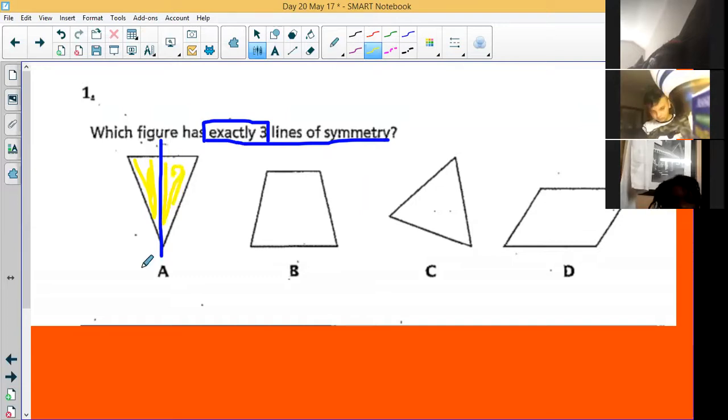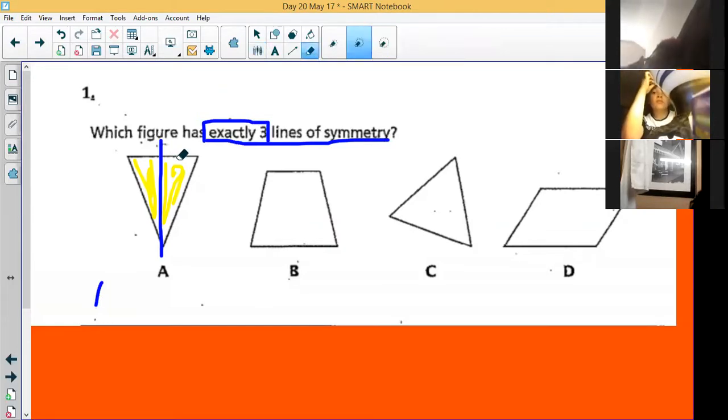Yes, they do. So we know that this particular object has one line of symmetry. So put a tally mark right there, and I'm going to erase and draw another line of symmetry. So we know A has at least one line of symmetry.